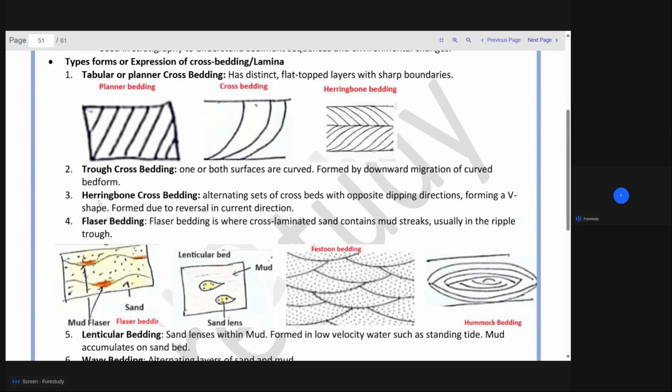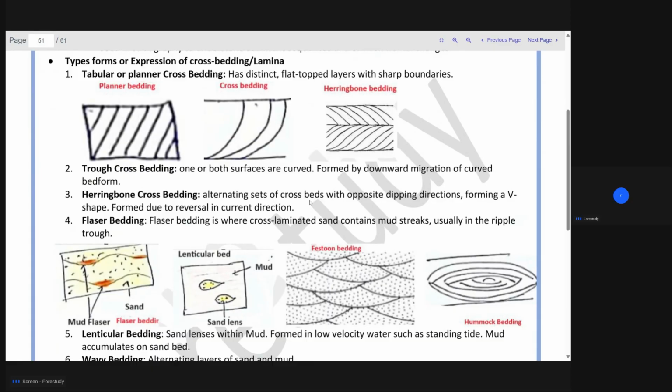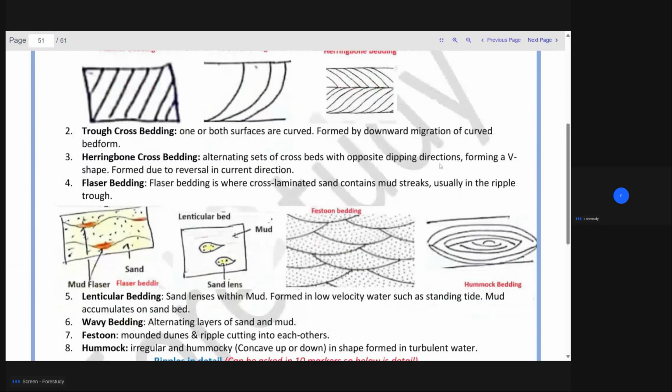Then we have herringbone cross bedding. Alternating sets of crossbeds with opposite dipping directions forming a V shaped form due to reversal in current direction. If possible, I'll show you.